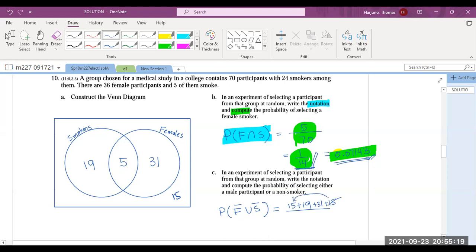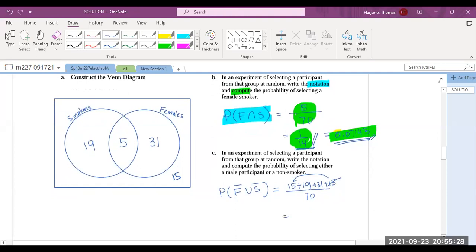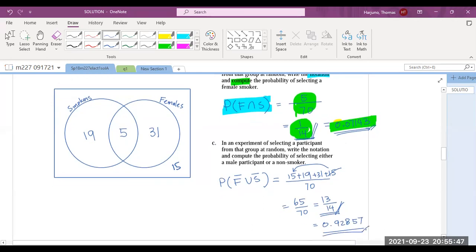Yeah. Okay, so we don't count that 15 anymore, out of 70. So this will be 65 over 70. In simplified fraction, that will be 13 over 14. Or in decimal, that will be 0.92857. Is it okay?